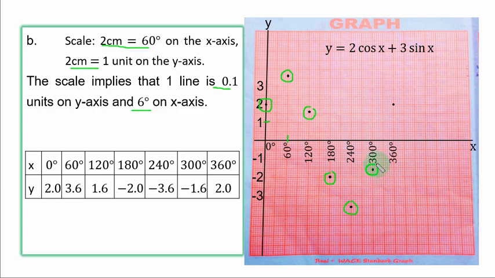And when s is 360 degrees, y is 2. You have it at this point. Now don't forget the title of the graph. The title of the graph is simply the equation or function or relation that you are plotting. Next is to join the points together and answer part C of the question.